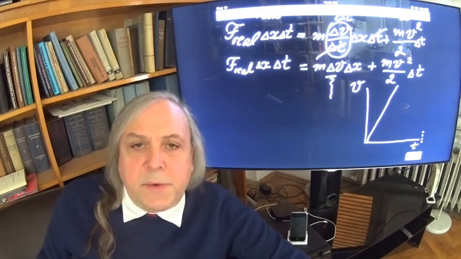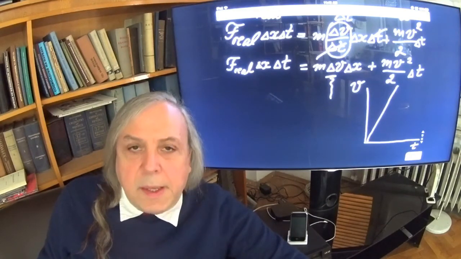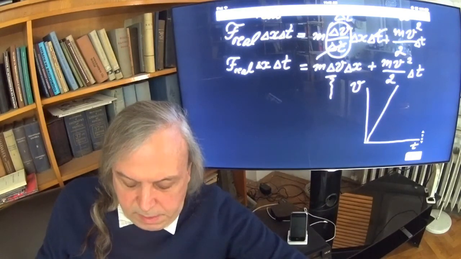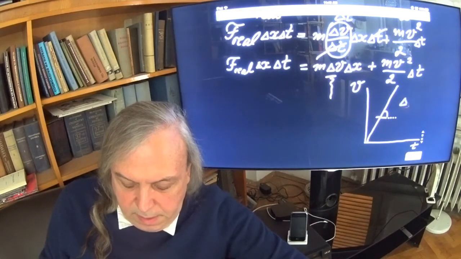The constant acceleration is the slope of this line, the slope delta v over delta t.